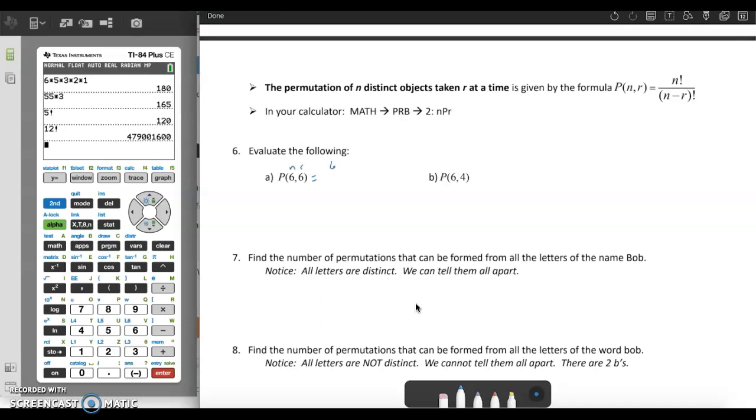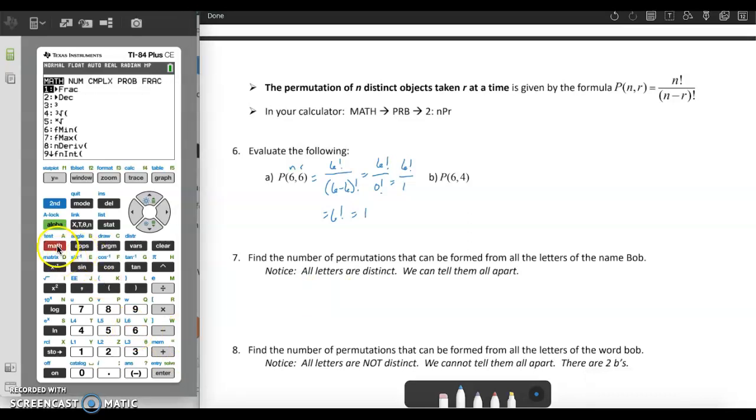So this would say to do 6 factorial over the quantity 6 minus 6 factorial, or 6 factorial over 0 factorial. But we've defined that 0 factorial is just 1. So 6 factorial over 1 is the same as just regular 6 factorial. So I can just do 6, math, over to probability, pick my factorial, and that's 720.